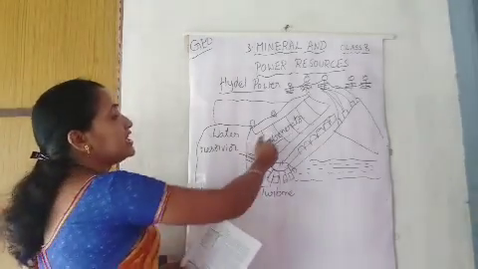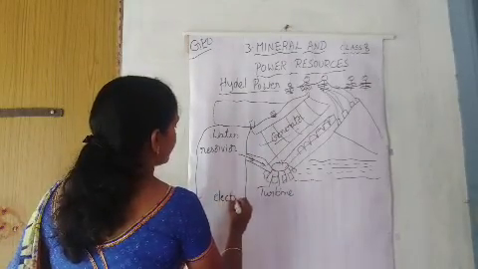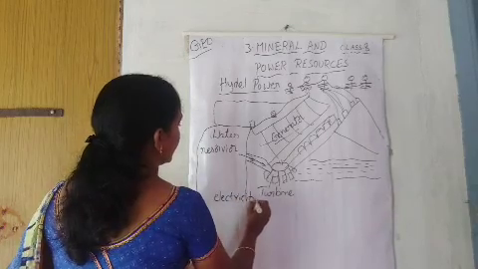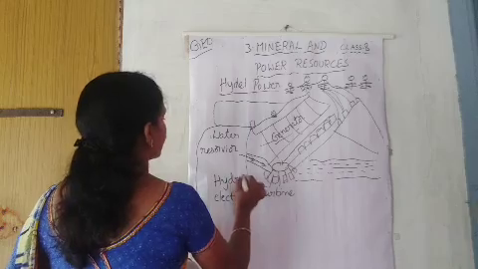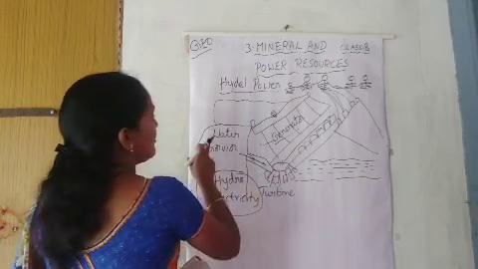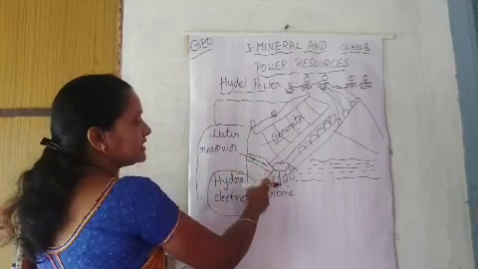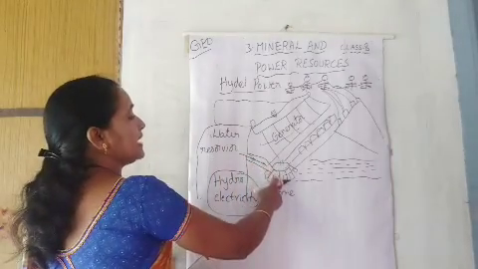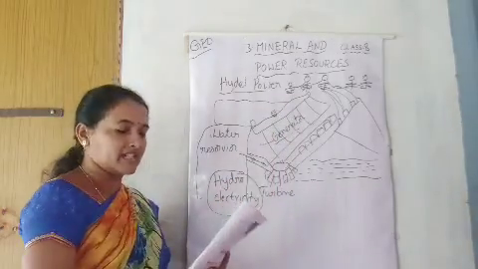This way of preparing electricity is called hydroelectricity. The main thing is water flows from the heights, the turbines move, the turbines make the generator move, and the generator produces electricity.